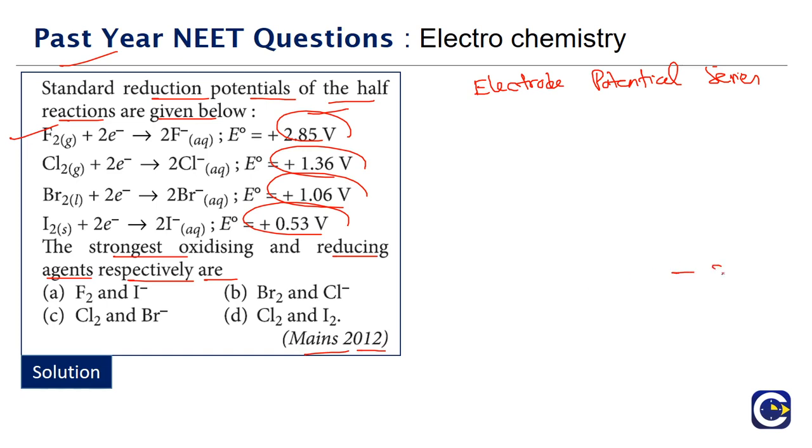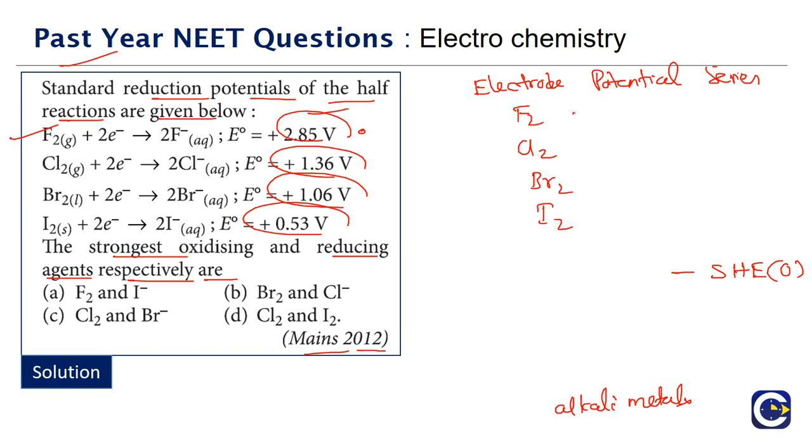Somewhere here we will have the standard hydrogen electrode whose standard reduction potential value is taken as reference 0. Usually you will have strong metals below, like alkali metals, with large negative values, and non-metals will be at the top, especially the halogens. So if you check these values, F2 is going to be here at the top, then Cl2, then Br2, then I2.